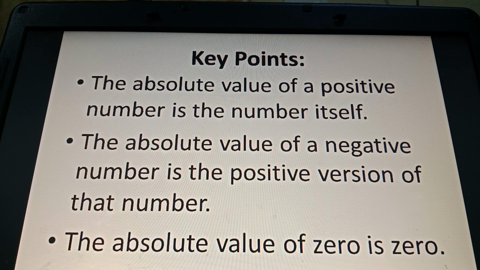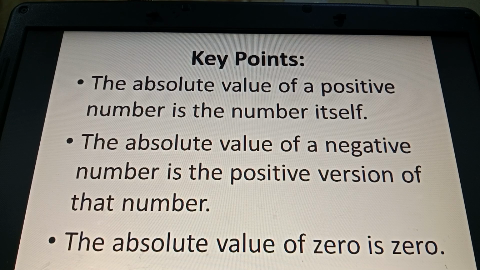The key points here are these: the absolute value of a positive number is the number itself. The other point is the absolute value of a negative number is the positive version of that number. And the other key point is that the absolute value of 0 is 0. Why?